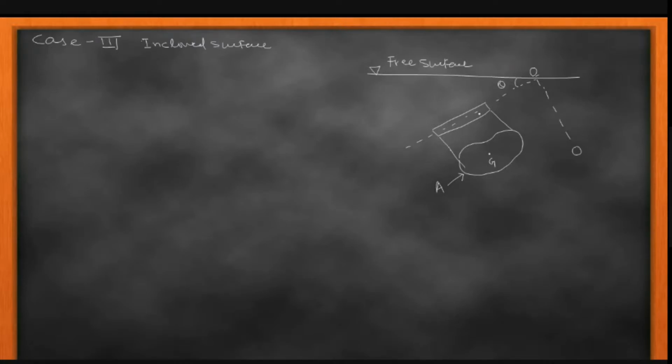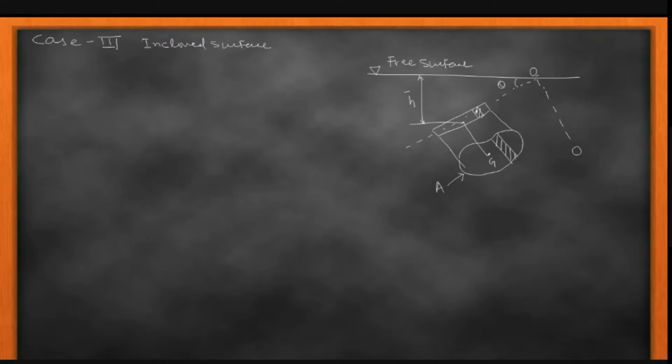Before that, we consider one elementary strip. Let's say this is the elementary strip over here. Similarly, I'm taking the projection, so I get this elementary strip. Students, in the previous derivation we took the G point. Suppose I take the projection of this G over here. The height of this G from the free surface we indicate by H cut.